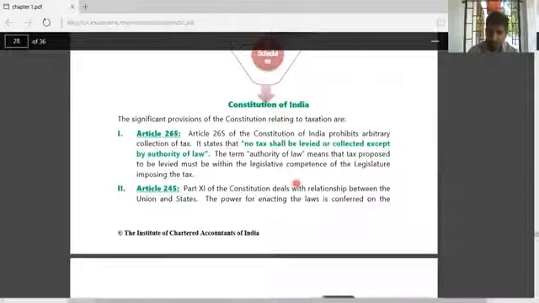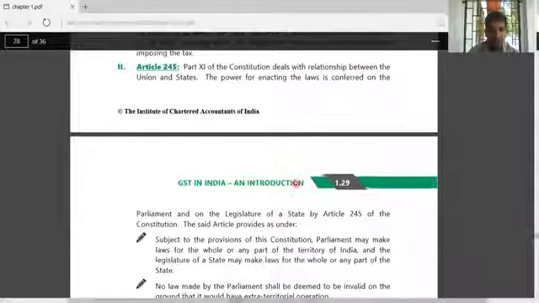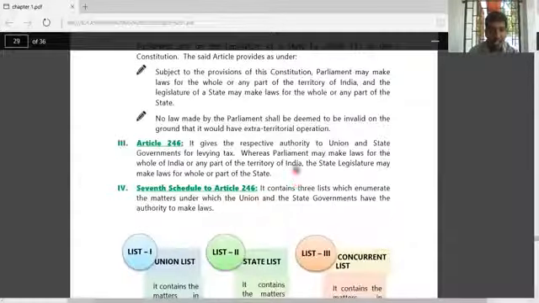The Constitution contains articles related to, say, the right to equality, as we have seen. Similarly, related to the tax structure, there are different articles. What are the articles? Article 265, Article 245, Article 246.